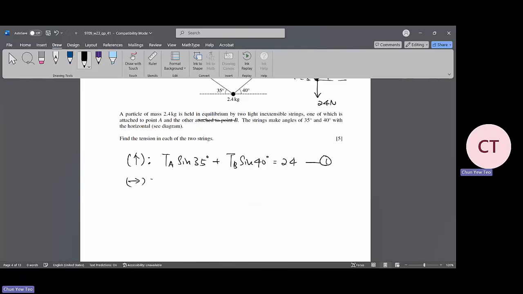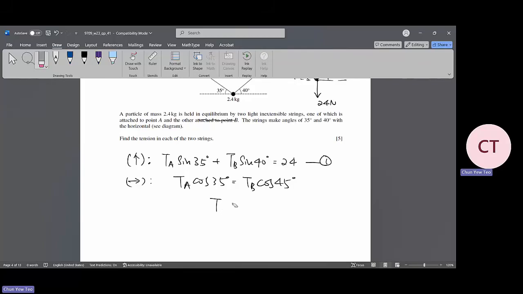Now if I resolve the forces horizontally, I get TA cos 35 is equal to TB cos 40. You can either make TA in terms of TB or TB in terms of TA. Here I will make TB in terms of TA.